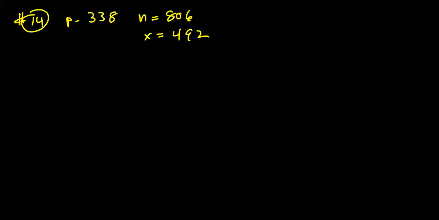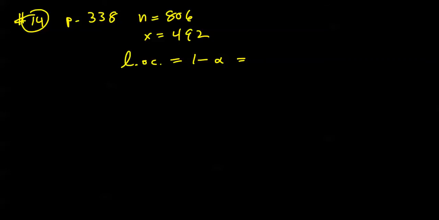So 492 people out of the sample of 806 chose the window seat when they fly as their favorite. Level of confidence, LOC. Remember, LOC is designated as 1 minus alpha.